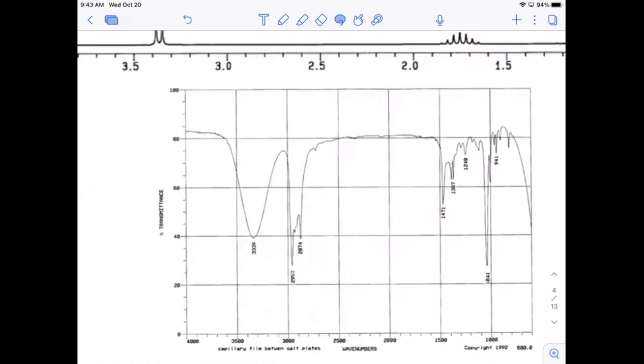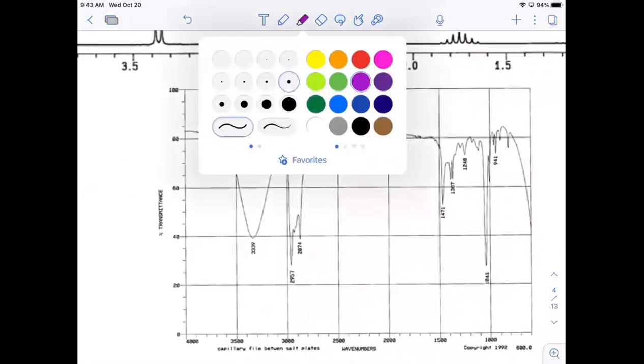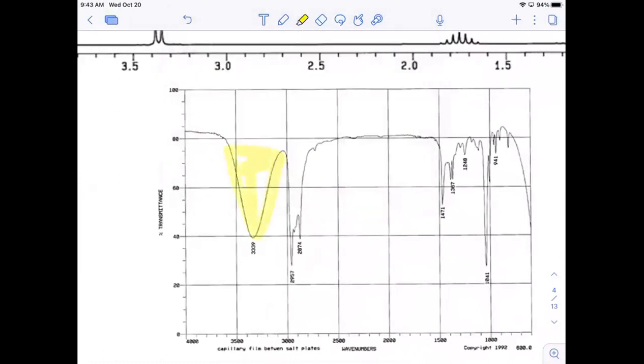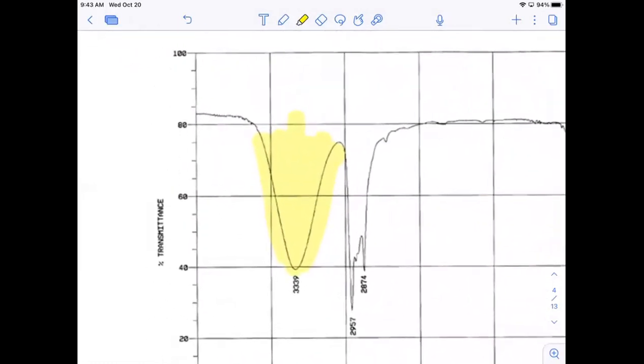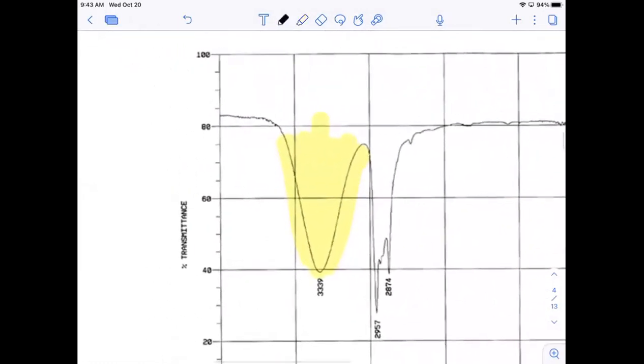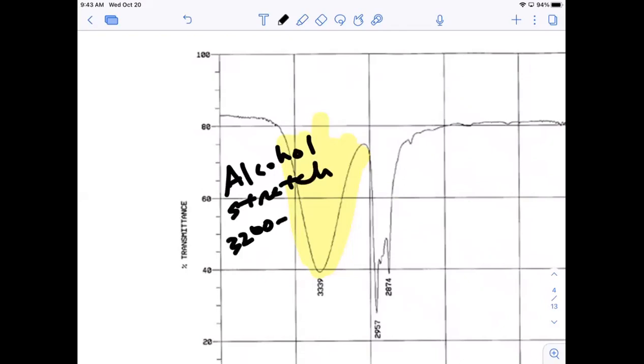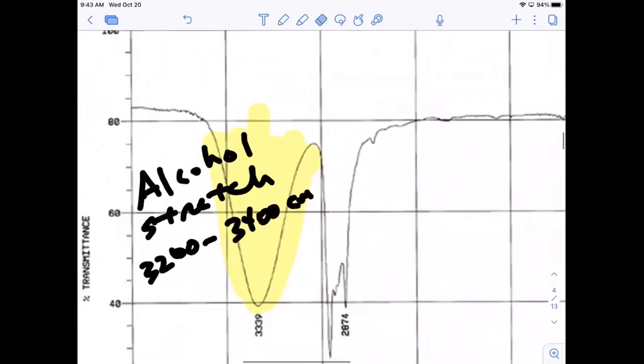We got the infrared, and I'm going to look at that first. This big, broad looking peak right here, this is your alcohol stretch. Anywhere between 3,200 and 3,400 reciprocal centimeters.